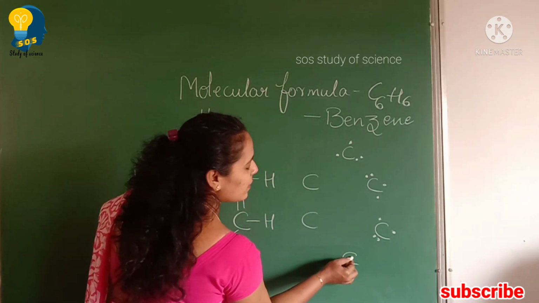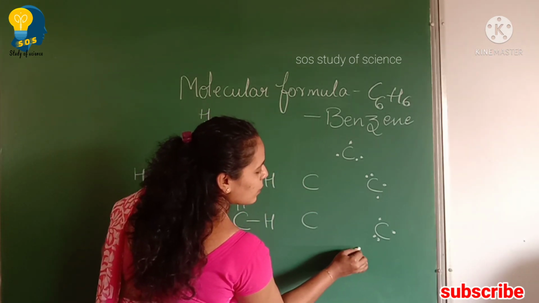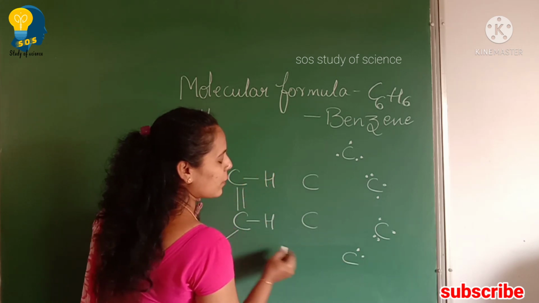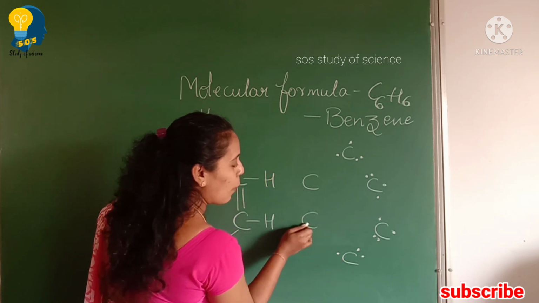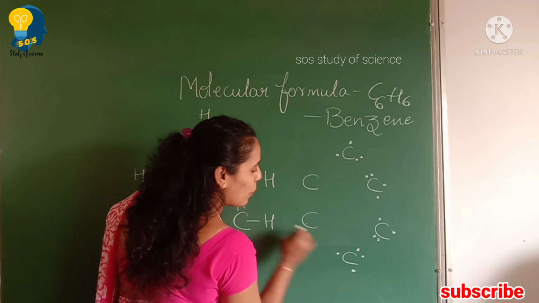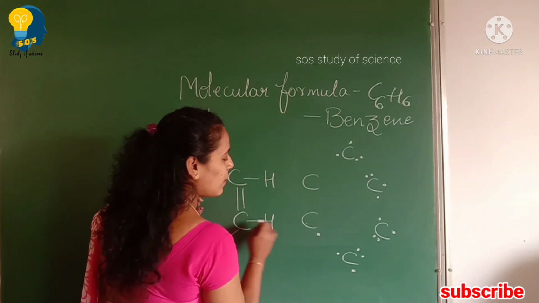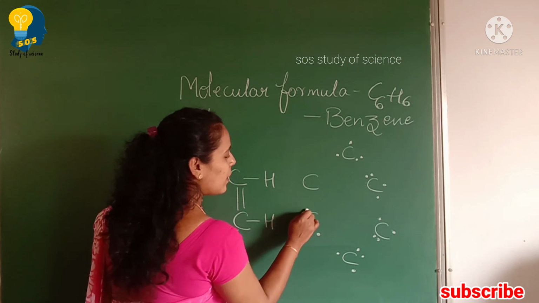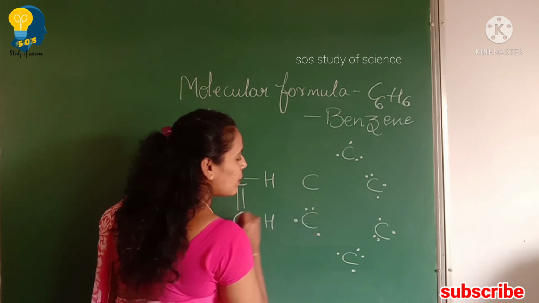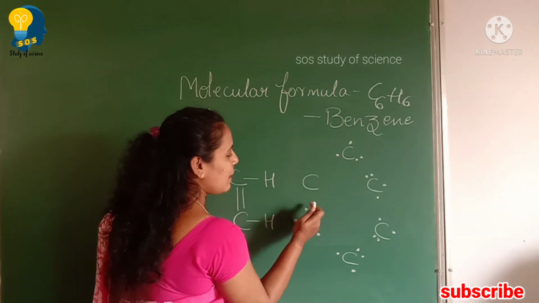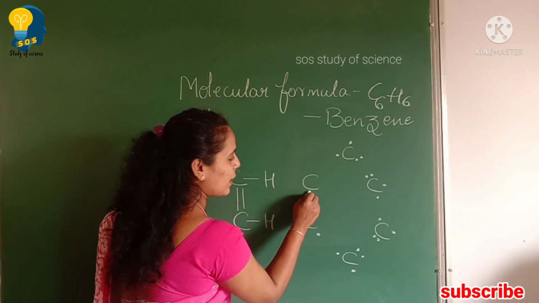Now this is sharing 2 electrons. This carbon also has to share 2 electrons, 1 electron to bond with the opposite carbon and 1 to bond with hydrogen. Similarly this carbon, 1 electron here and 1 to bond with hydrogen, and the remaining 2 electrons to create the double bond. Similarly, when it is sharing 2, it also has to share 2.